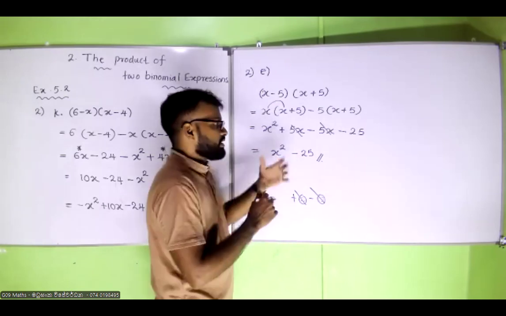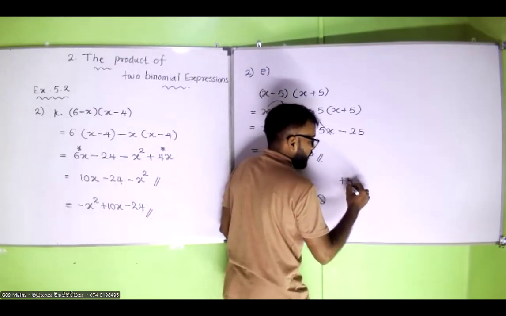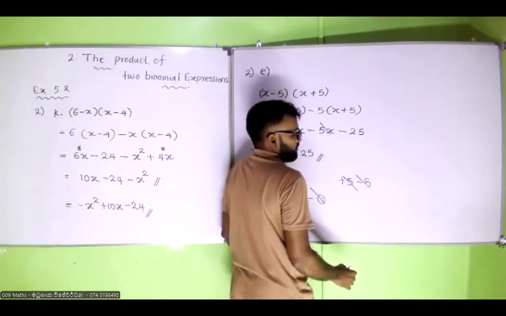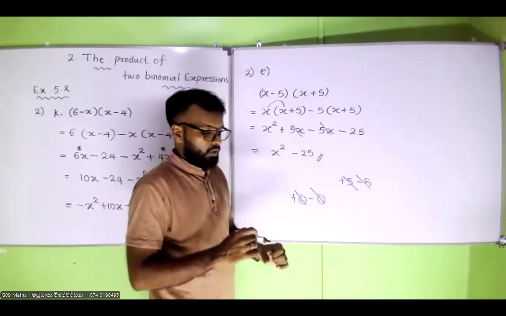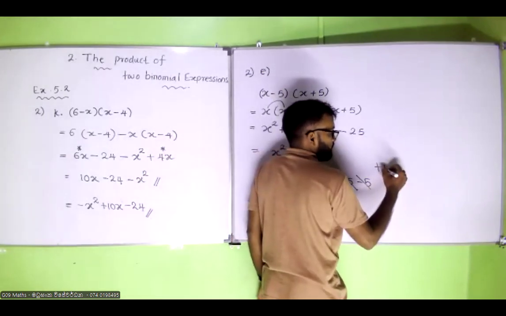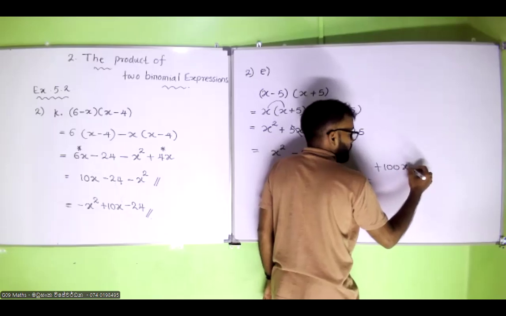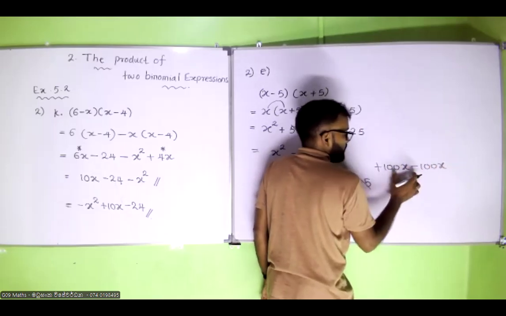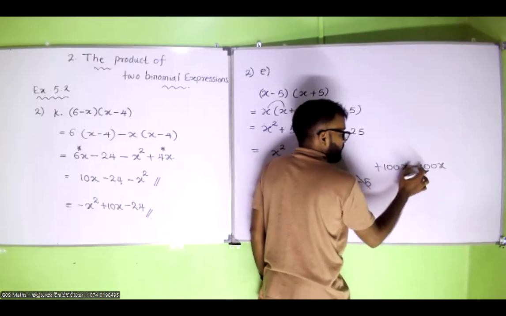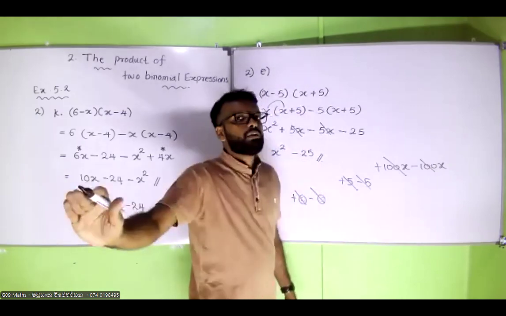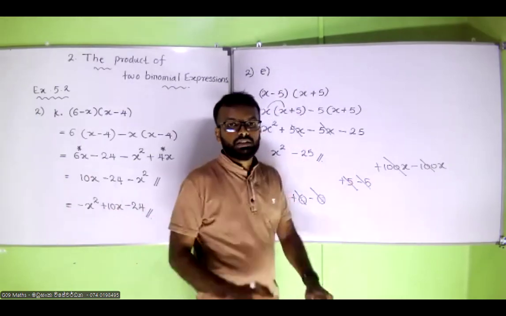This is very similar to positive 5 and negative 5. If you think of positive 100x and negative 100x, the same term with different sign, they cancel out. Nothing remains. The full term has been cancelled.